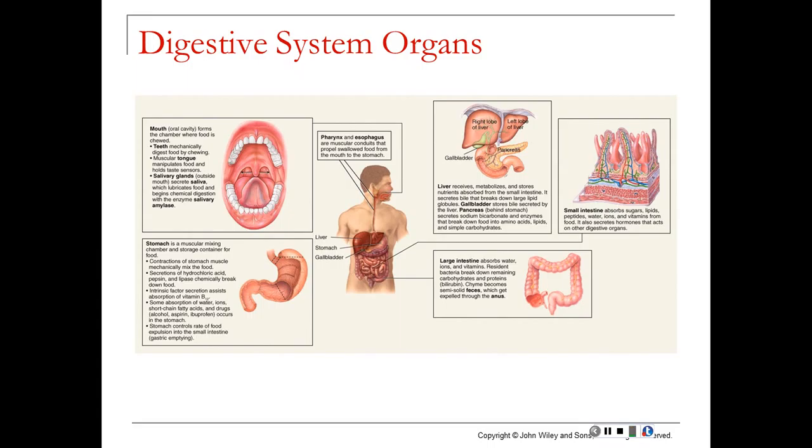The contractions of the stomach muscles are going to mechanically mix the food, and then there's some secretions, like hydrochloric acid, pepsin, which is a protein digesting enzyme, and lipase, which is a lipid digesting enzyme, which will help chemically break down those food molecules. There's intrinsic factor secretion, which is going to assist in the absorption of vitamin B12 at this location as well.